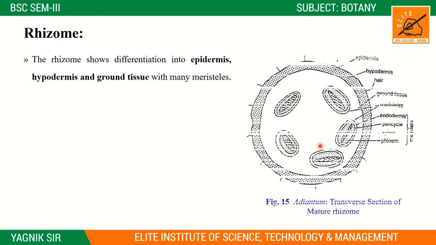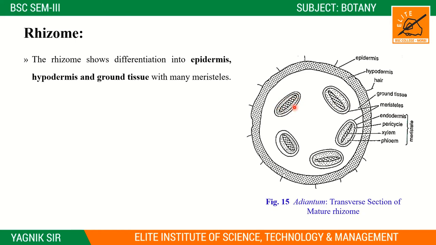So the rhizome shows differentiation into the epidermis, hypodermis, and the ground tissue with many meristeles. So this is another type of stele. This is the meristele. Now we can say that particular vascular bundles are separate in the rhizome, right?